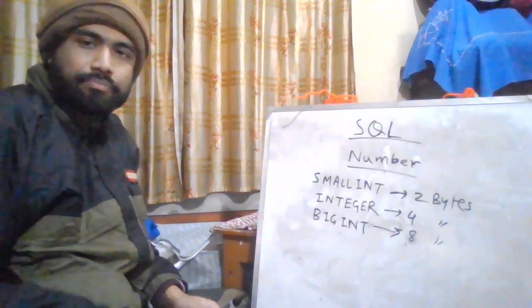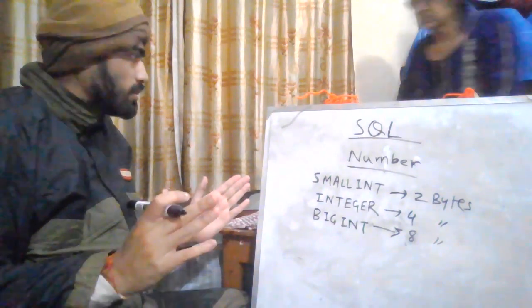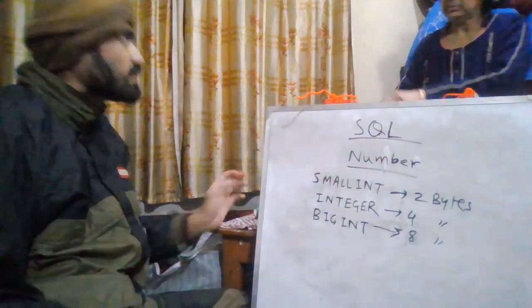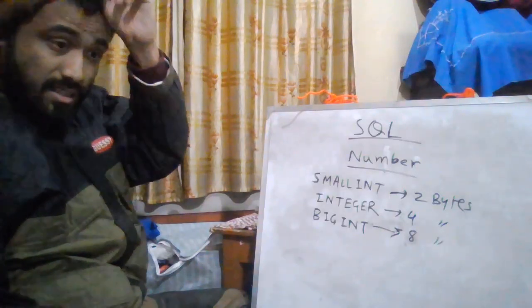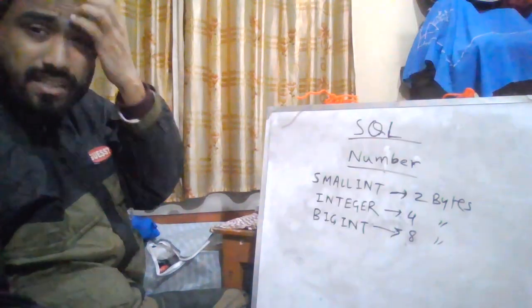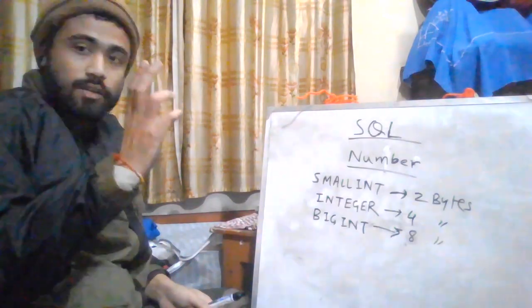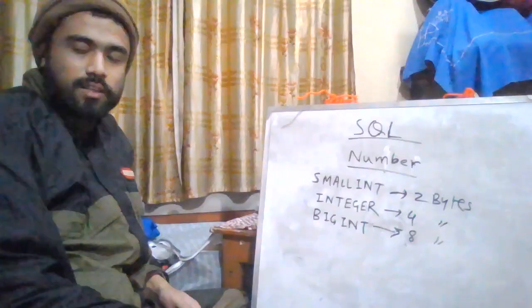In positive, they are considering 0. So 32,768 times 2 you can do. So that is the total number of numbers you can store in small int.